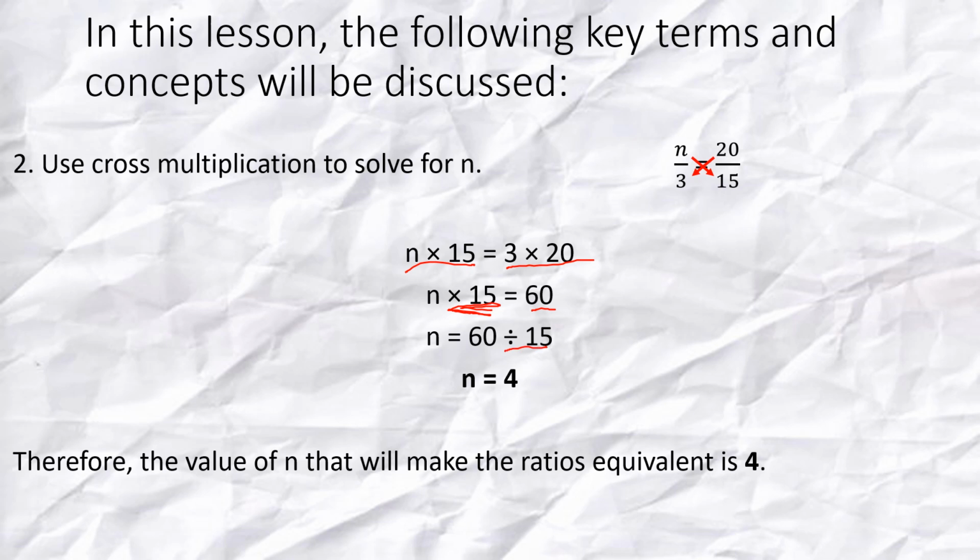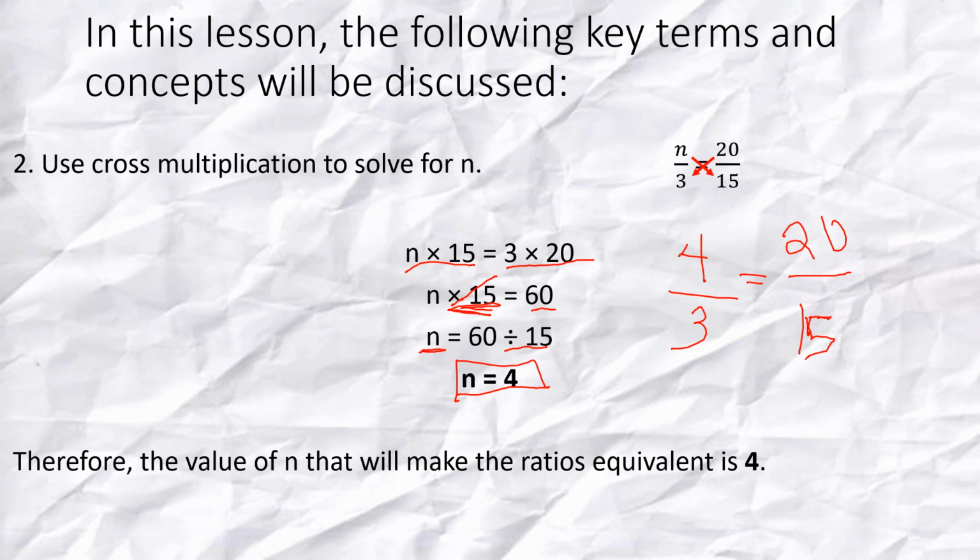The 15 on the left side will be cancelled out, so it will just be n on the left side of your equation. So n now is 4. The value of n here is 4. So it will become 4 over 3 equals 20 over 15.